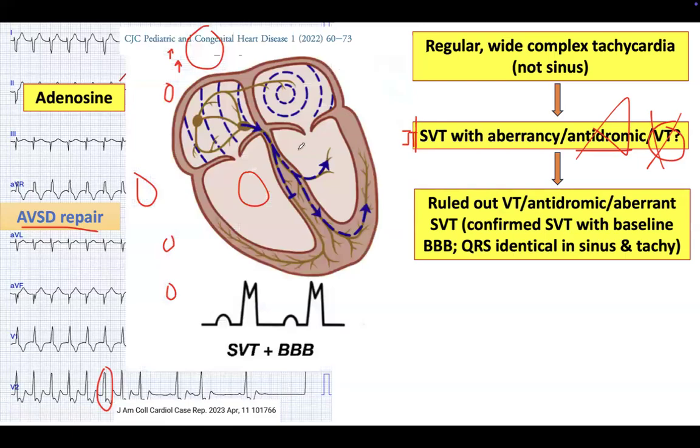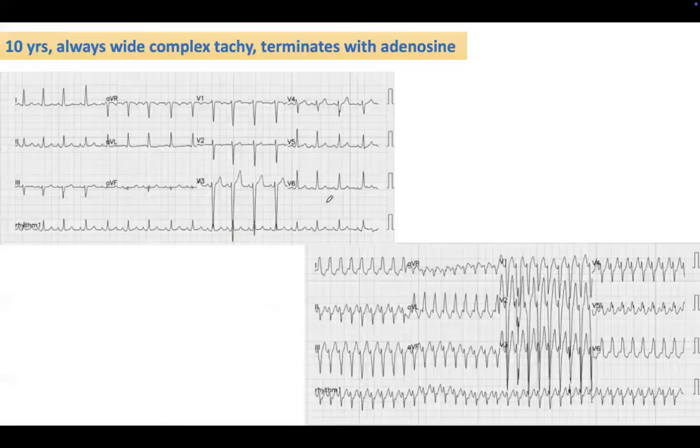But anyway, this patient had the baseline right bundle and went into SVT. Anyways, that's another case, 10 years old, who presented with wide complex tachycardia a couple of times before. Never had a narrow complex tachycardia, always wide complex tachycardia, but terminates with adenosine. It's a difficult ECG.